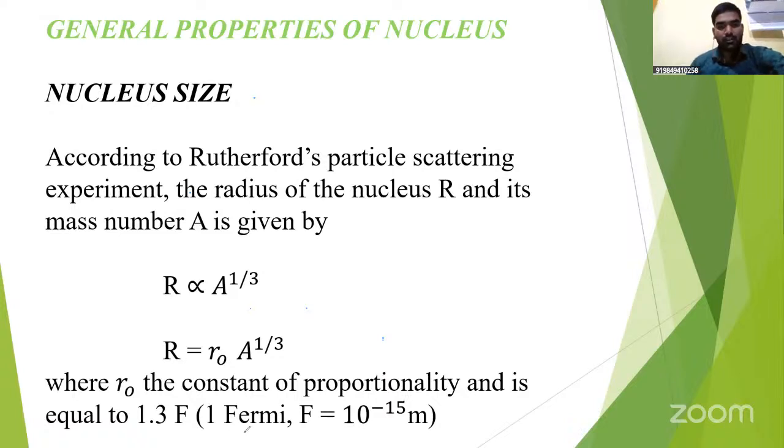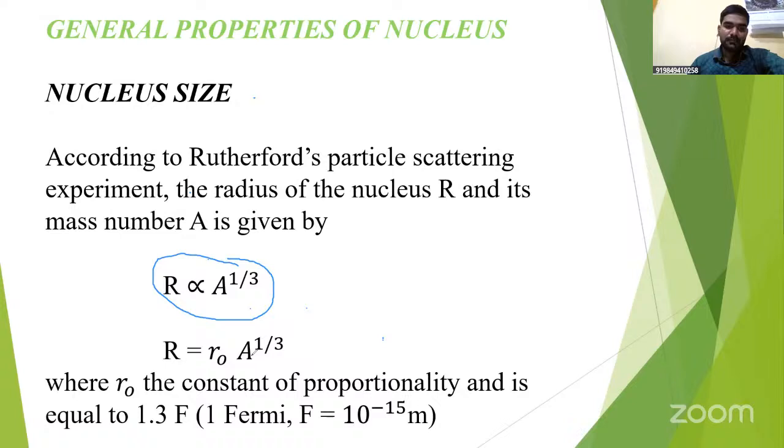He found that this distance is of the order of 10 power minus 14 meters. The radius of any atomic nucleus can be determined by this formula: R equals R naught A power 1 by 3.